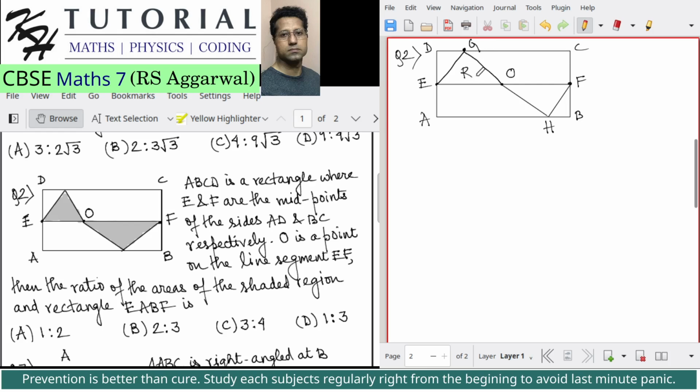I'm calling this region R1 and this region R2. Basically R1 is the triangle EGO and R2 is the triangle OHF. So we have to find the area of the regions R1 and R2.